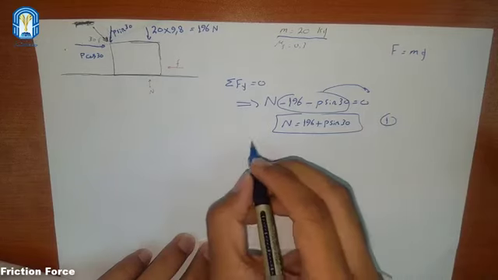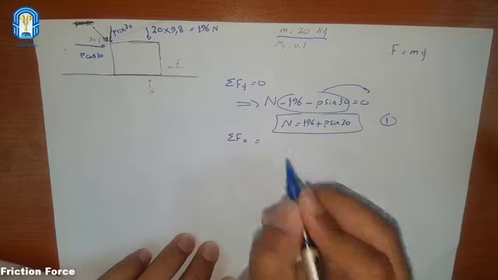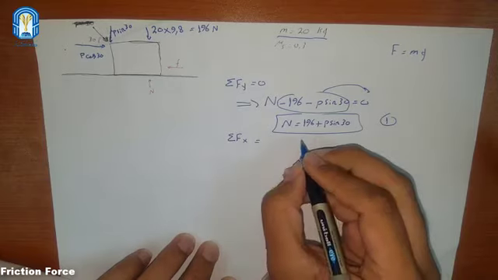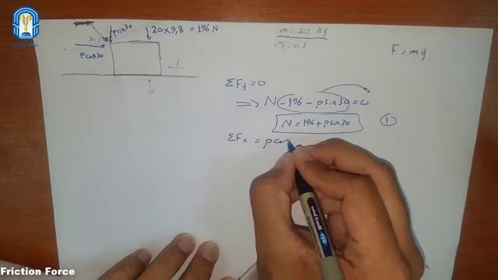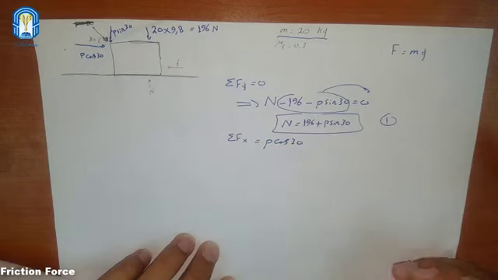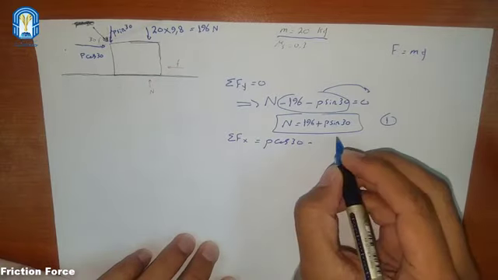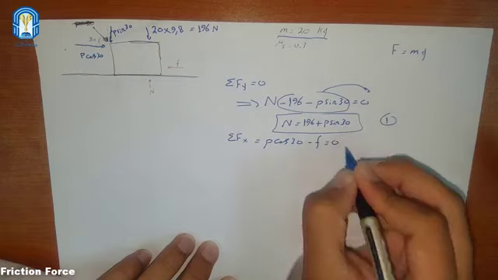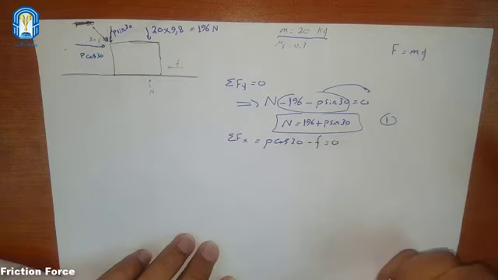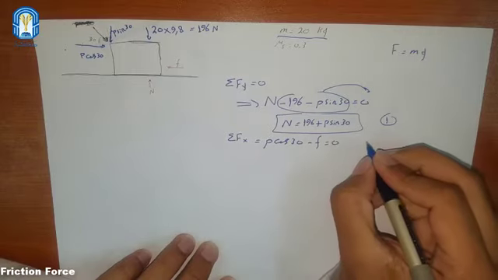Now let's move to summation of Fx. It's P cosine 30, which is on the right, and we have a friction force on the left, which equals 0. That's equation number 2.